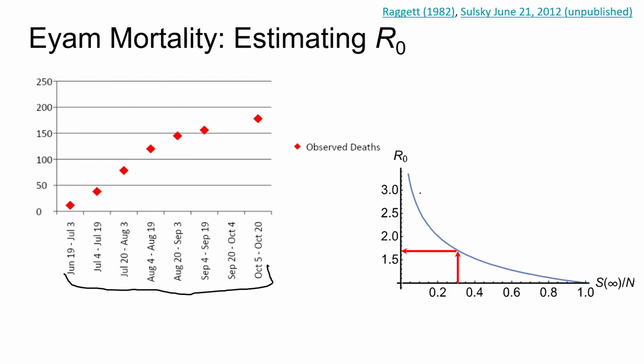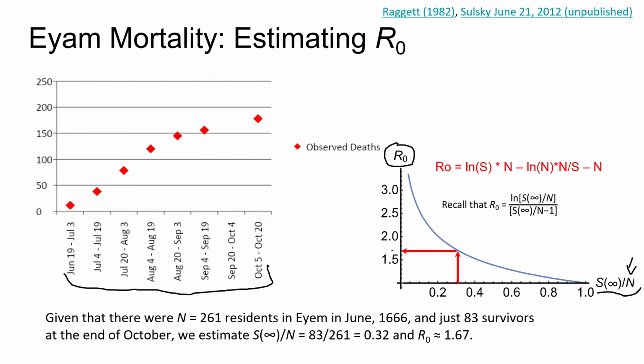We can plot the R naught of the infection against the susceptible population divided by the number of individuals that still remain after the first epidemic. By tracking this information, we can find on this curve what the R naught of plague is, and it hovers around 1.7-ish.